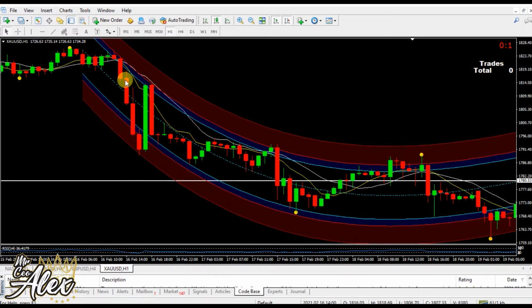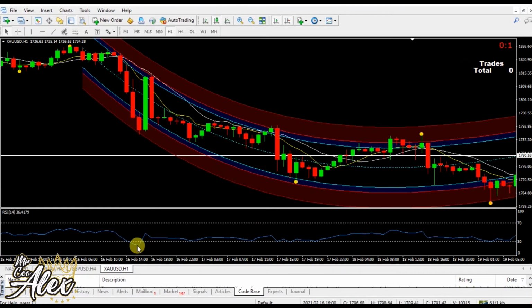If you know RSI, you have overbought and oversold. At the top, the pair is overbought and you would enter a sell. At the bottom, the pair is oversold, and you would go ahead and enter a buy.